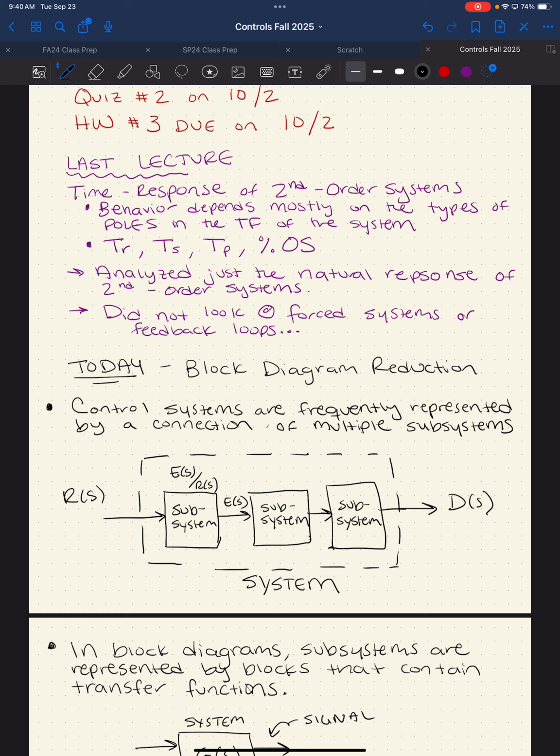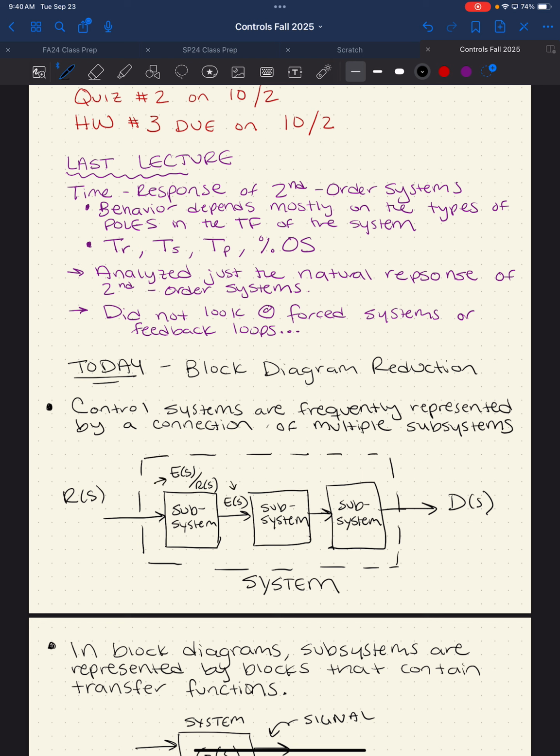I multiply it, right? I take that R of S, I multiply times the transfer function. You can think of it as canceling out the R of S's. I have an R of S on top and an R of S on bottom. Once those cancel, all that's left is the numerator, which is the output, E of S. So I take R of S, I multiply it, and I get E of S.